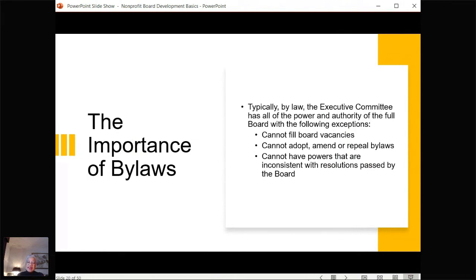They can't adopt, amend, or repeal any of the bylaws. Again, that's a function for the whole board. And they can't have powers that are inconsistent with the resolutions passed by the board. So they can't have superpowers, or do things that the bylaws don't allow for.